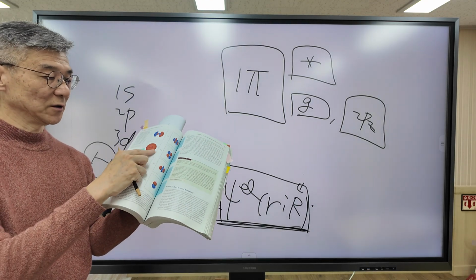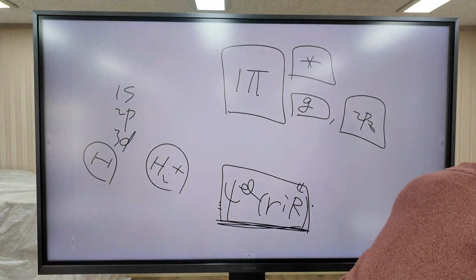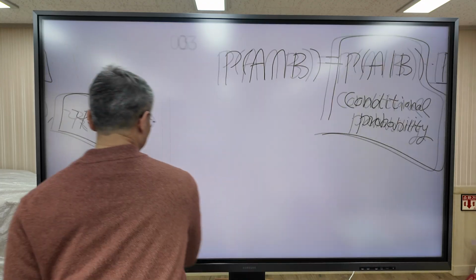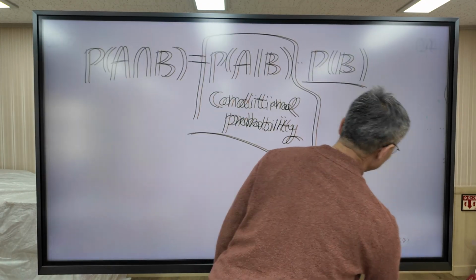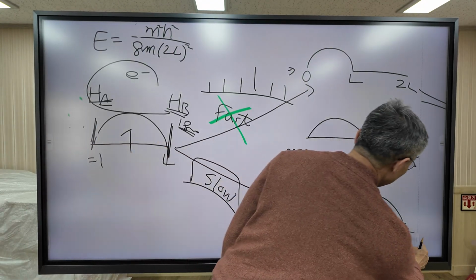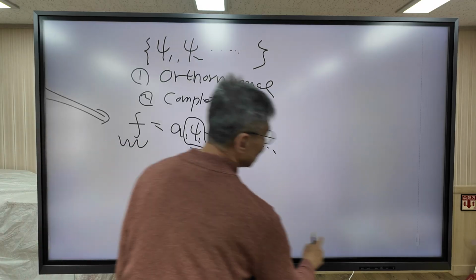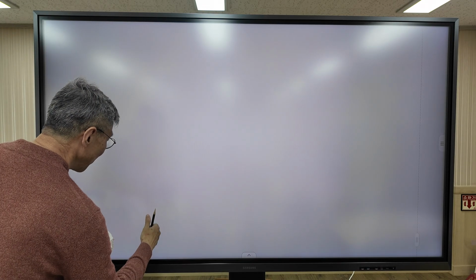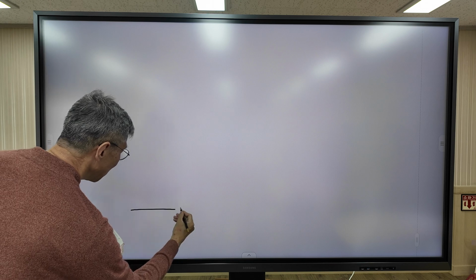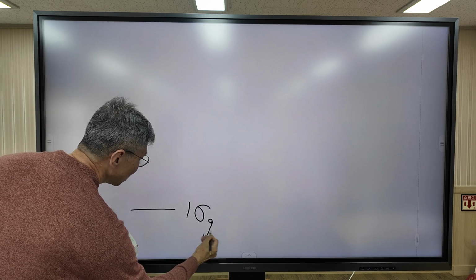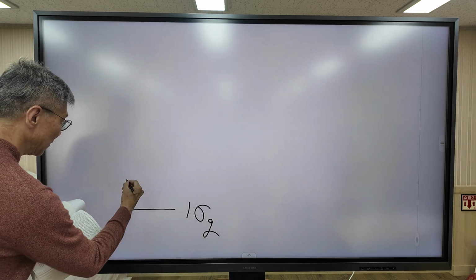According to this textbook, the molecular orbital names are displayed. When you list the molecular orbitals according to energy level, the ground state is 1 sigma g. This is the name of the molecular orbital.